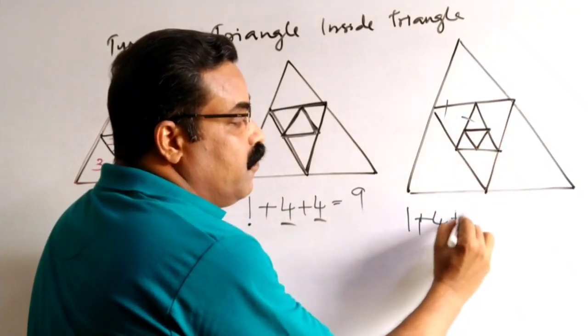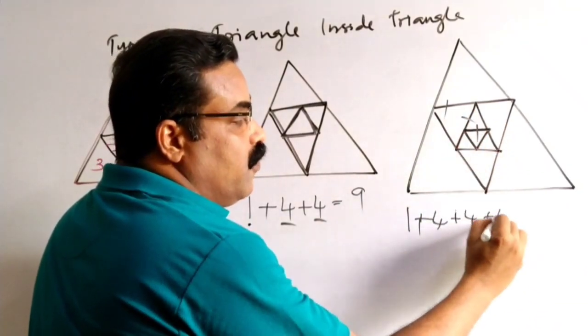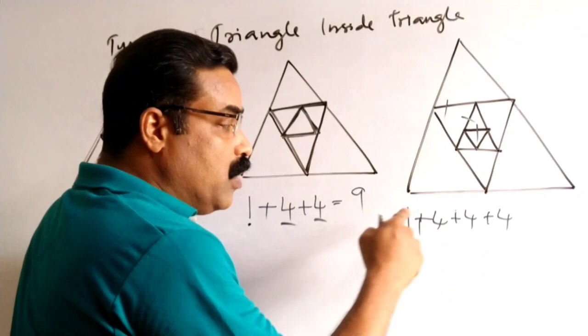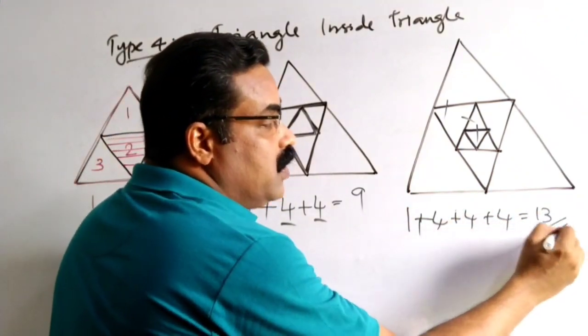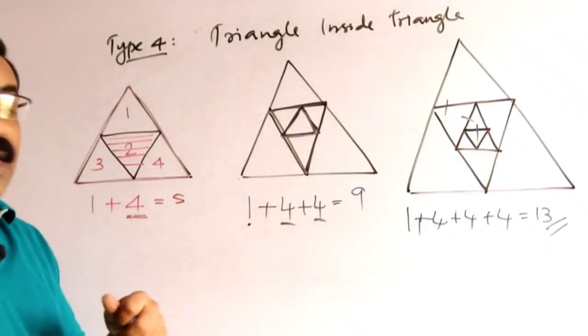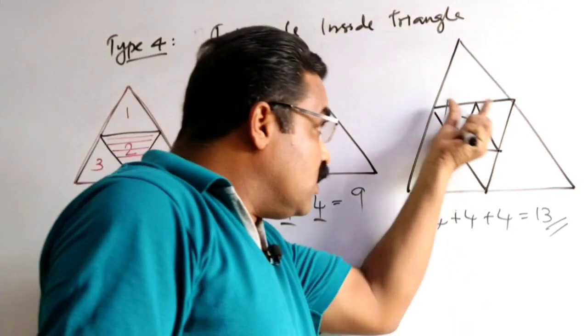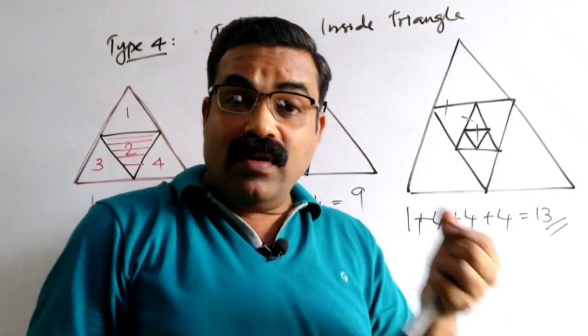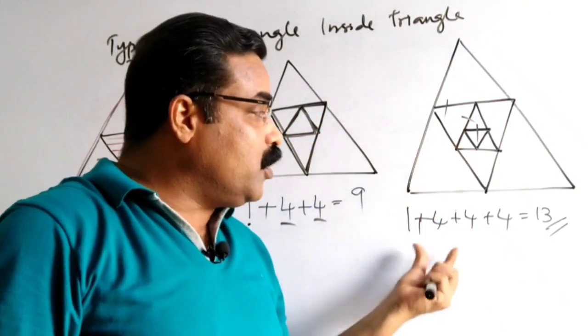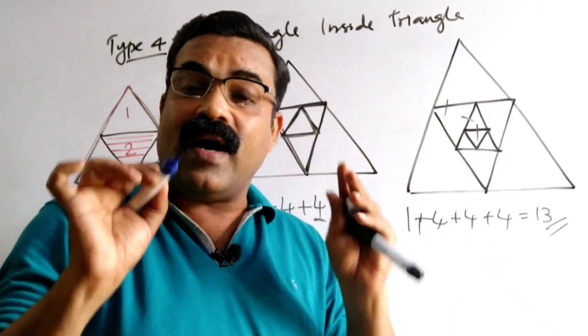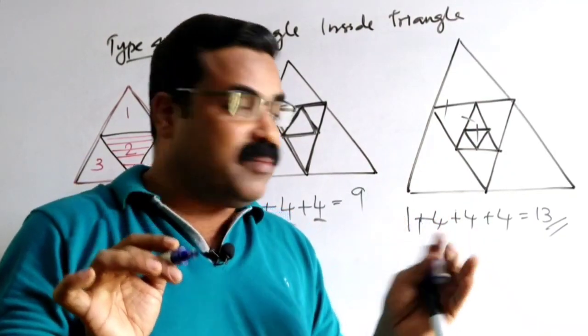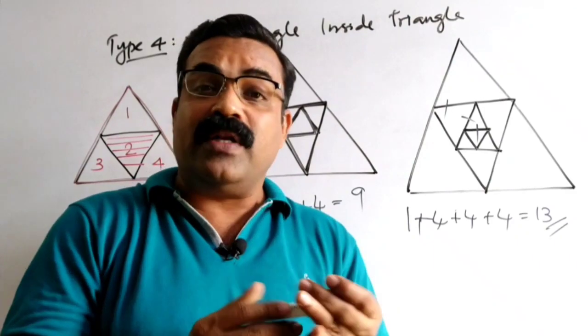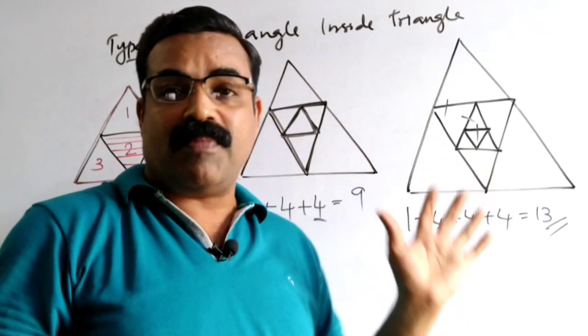This one, 4. And this one, 4. 4 plus 4 plus 4, 12. 12 plus 1, 13. So there will be 13 triangles in this. You need not count which are the 13 triangles. For all these types of questions, just put this concept and write the answer. Don't spend a lot of time on these questions.